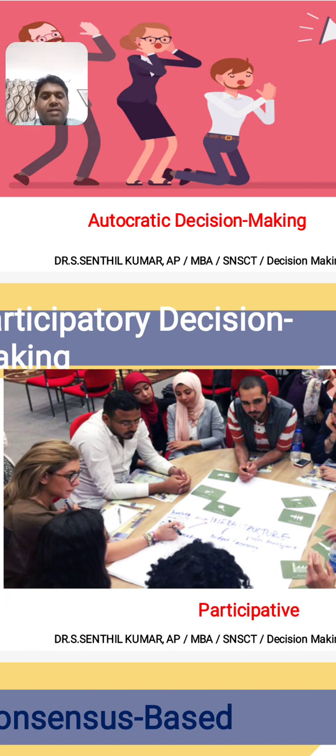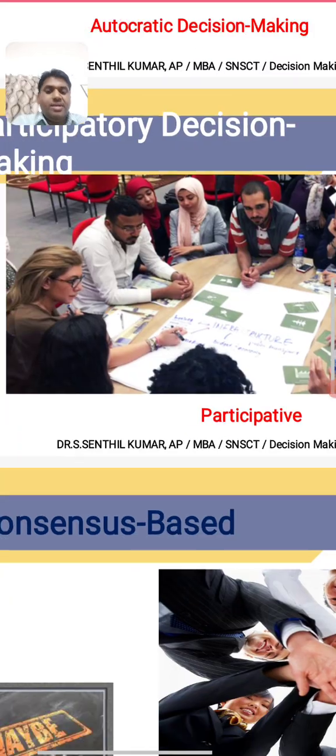This is better and best when we talk about it. Collectively we have to take the information from the subordinates, the department, and most probably workers as well. And when the decision is taken that way, it will be the better and best.